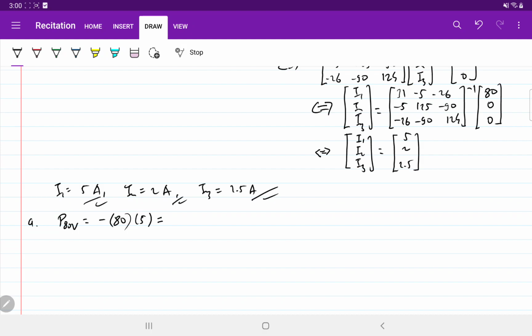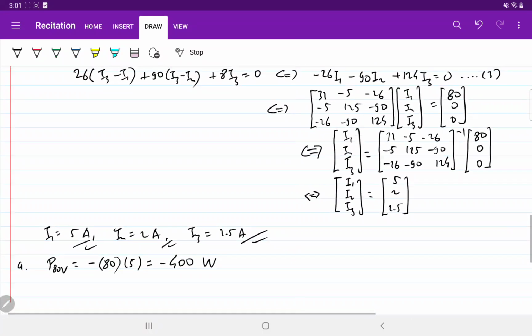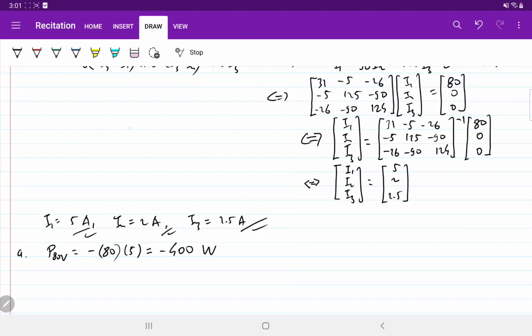So 80 times 5 is 400, minus 400 watts. Okay, why minus? It means that the power consumed by the 80 volt voltage source is minus 400 watts, which is equivalent to 400 watts of power being delivered.